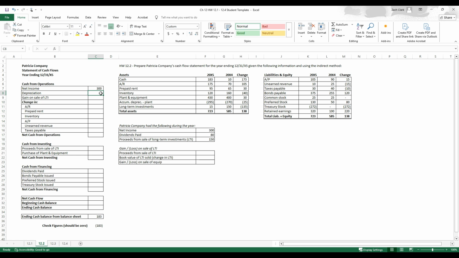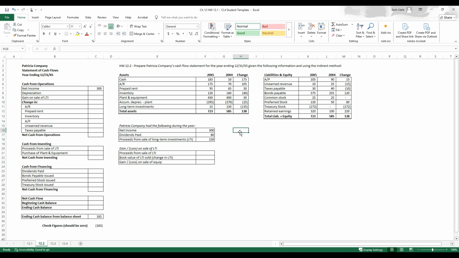When it comes to depreciation expense, again, it doesn't tell us. We don't have an income statement in front of us to look at, so we have to do a little work to figure out what depreciation expense is. We don't see any sales of equipment. We see equipment went up by $30, and accumulated depreciation went up by $25.